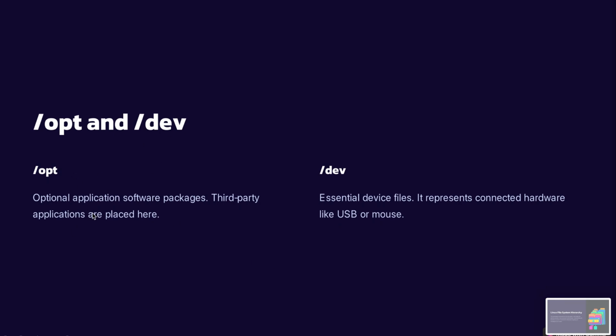Now let's talk about these. Slash opt holds optional application software packages; third-party applications are placed here. And slash dev contains device files. It represents connected hardware like USB or a mouse. This is a very short lecture, and I don't want to take you into the depths of further stuff, because I don't want to confuse you at this level.